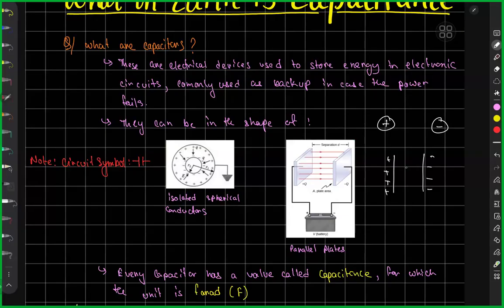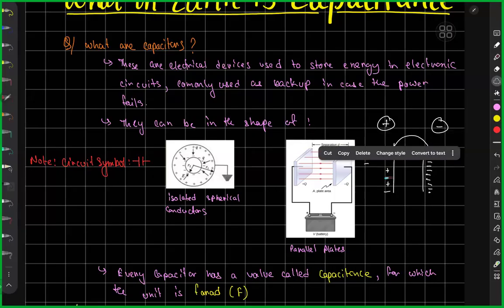Let's say this is the positive side, and this is the neutral side. What I'm doing is accumulating a lot of negative charge over here. This induces a positive charge over here, because all the negative charge now runs away. Why?